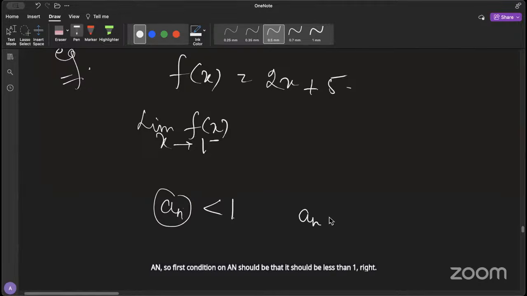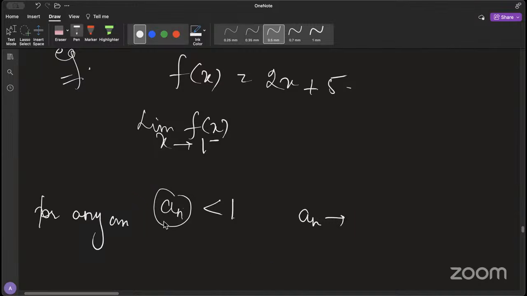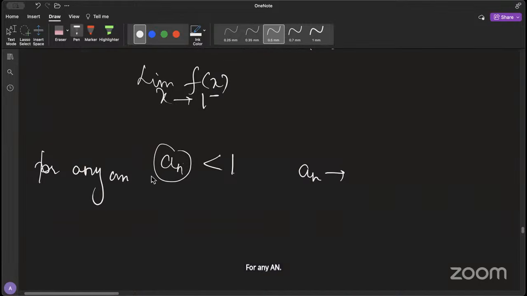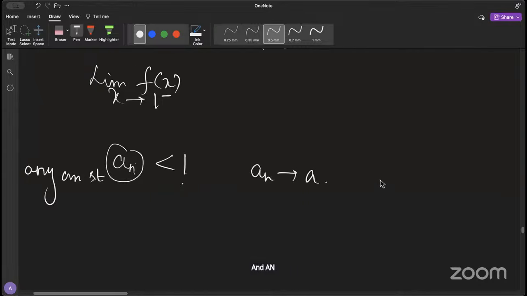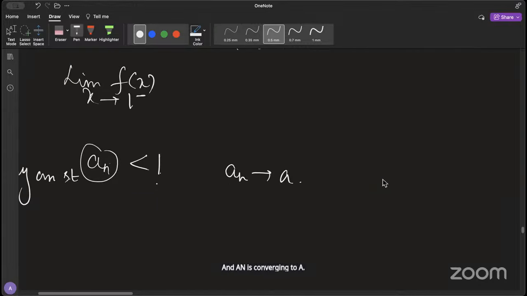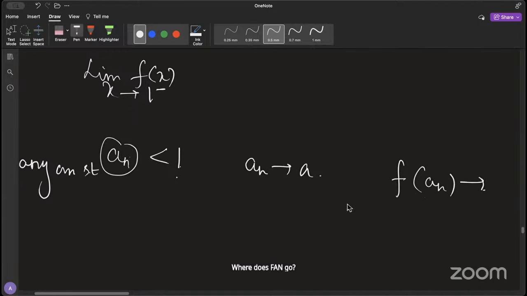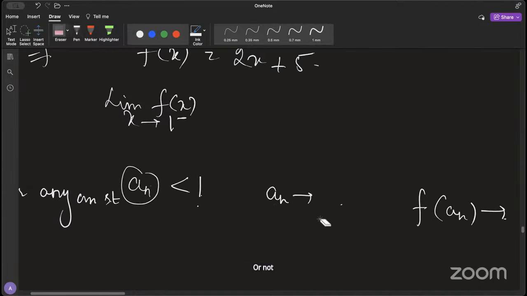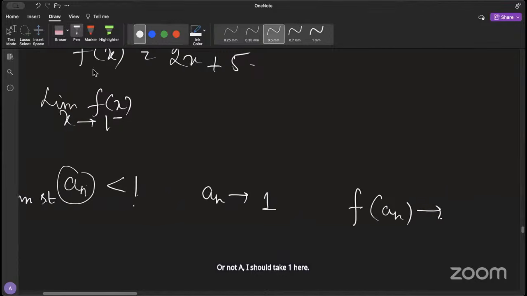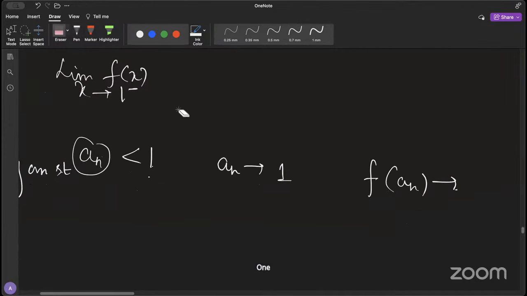And a_n should converge to 1. So for any a_n such that a_n is less than 1 and a_n is converging to 1, where does f(a_n) go?